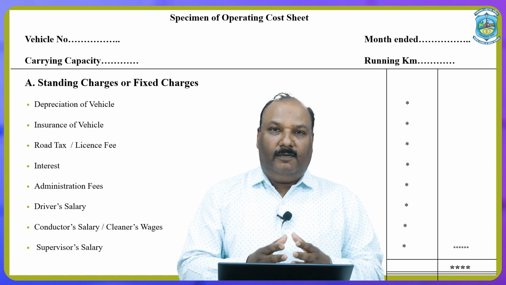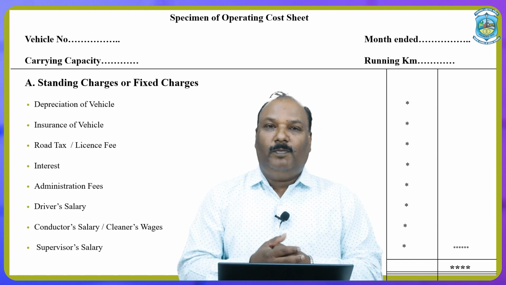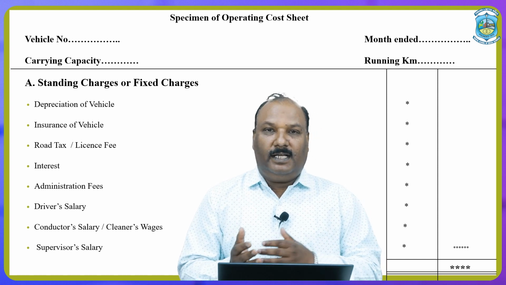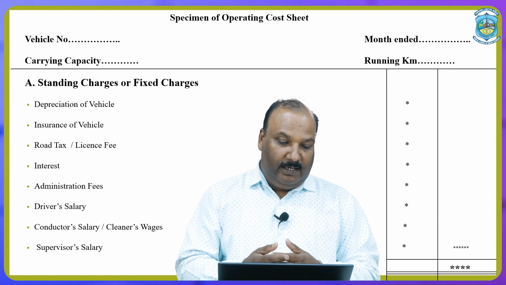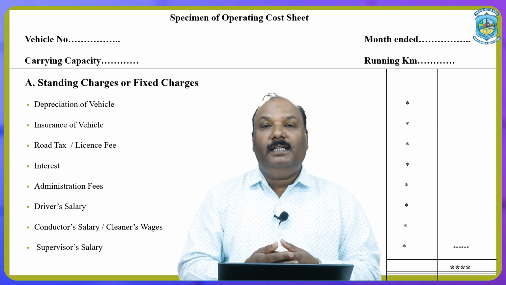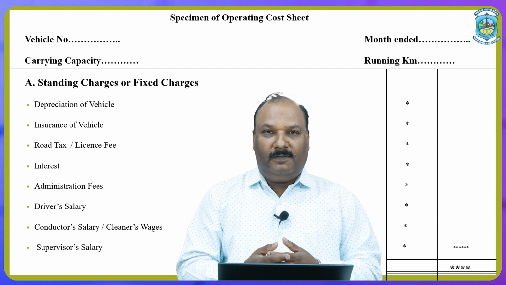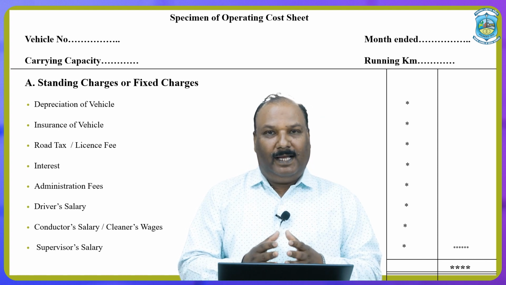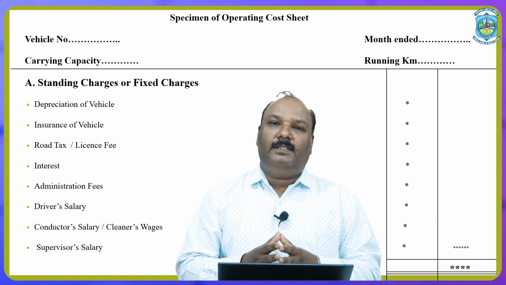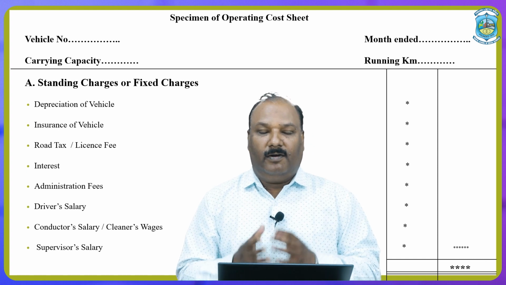This format is divided into two parts, section A and section B. In section A, you write down the standing charges, or fixed charges, meaning charges which are fixed by nature whether or not your services are being provided.